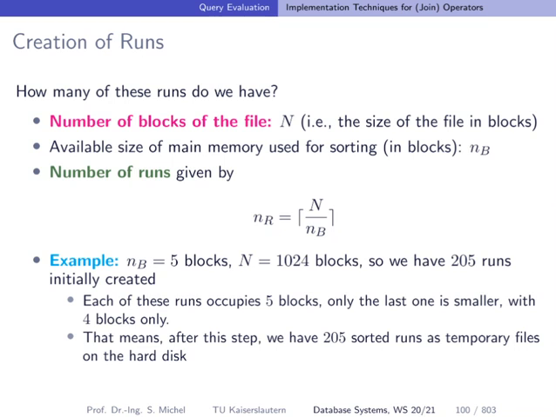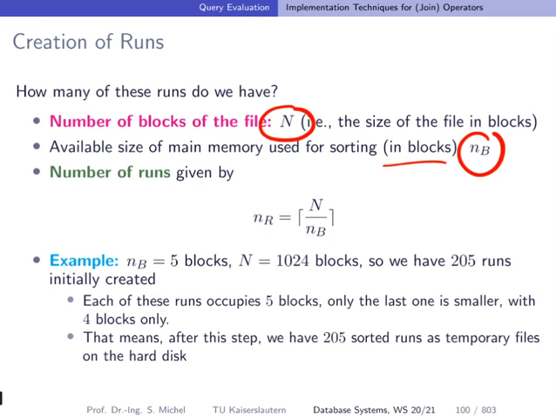So how many of these runs do we have? Let's assume we denote with n the size of the file in blocks, and the available size in memory that is used for sorting, this is like the buffer size, again expressed in number of blocks, we call NB, as previously already introduced.